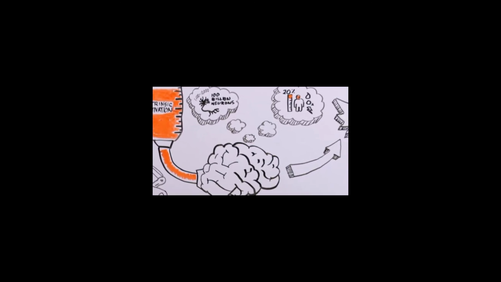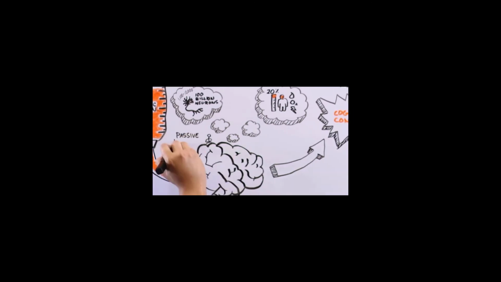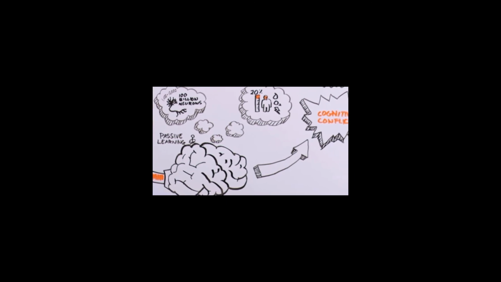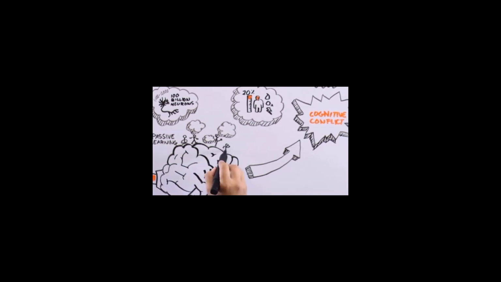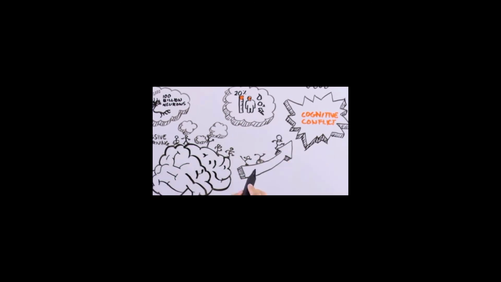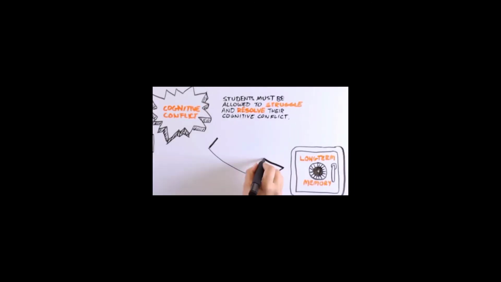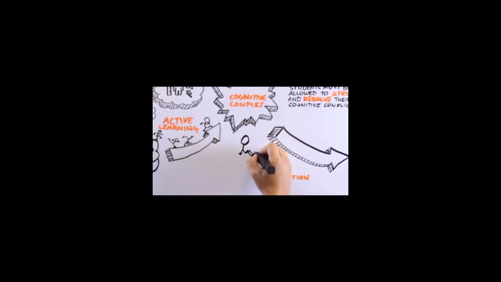If the brain encounters new information in a passive state, the result is passive learning, which has little chance of being encoded in long-term memory. By activating the student's biology through movement and multisensory experience, the brain begins to experience active learning, which is much more memorable. The final ingredient for long-term memory learning is self-reflection.